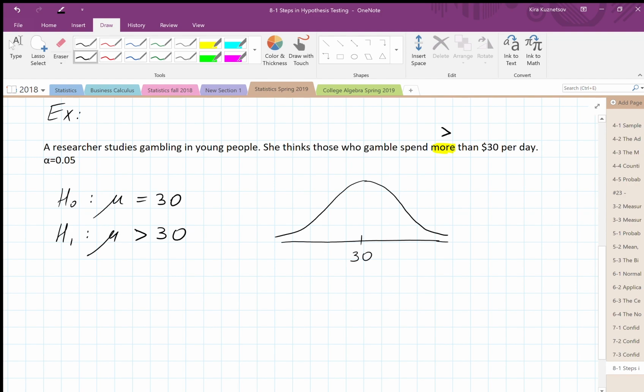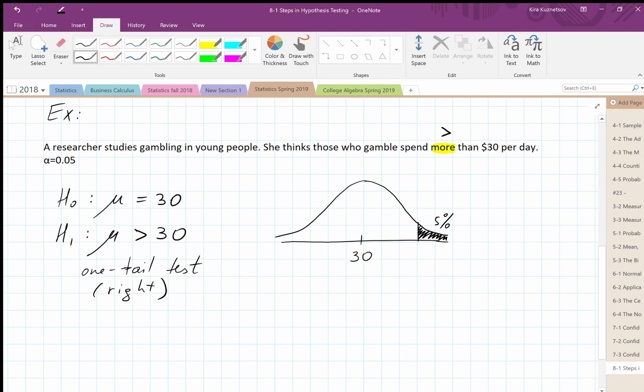The alpha, because it's a more than, is now a one-tail test. And moreover, because it's a greater than sign, it's a right tail test. So all of the 5% has to fall in the right tail.